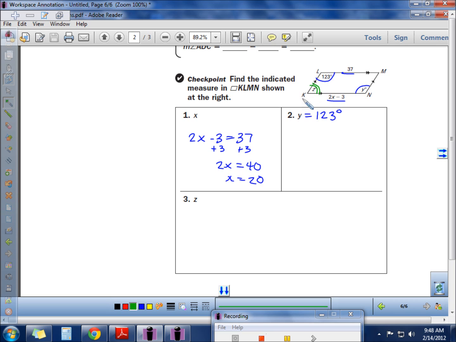I know that angle K and L are consecutive angles, therefore they add up to 180. Say K plus L is 180, and substitute. All right, subtract 123 from each side, and you get Z is 57.